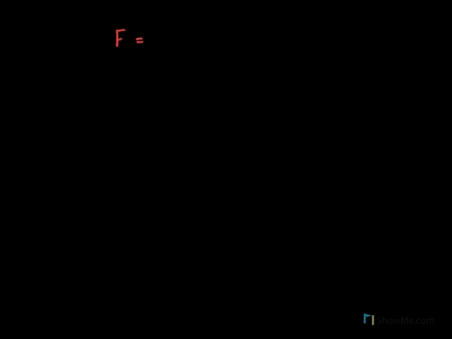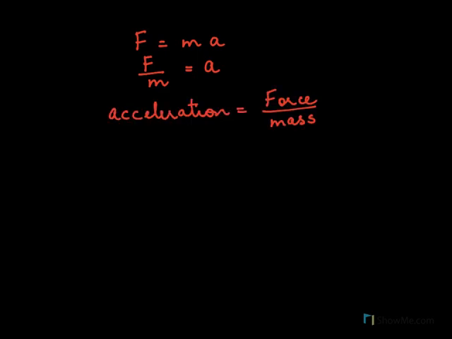Now if the force F equals m into a, that means acceleration a equals F over m. Let's study this expression a little more in detail. So we see that acceleration is equal to force over mass, which means acceleration is directly proportional to force.